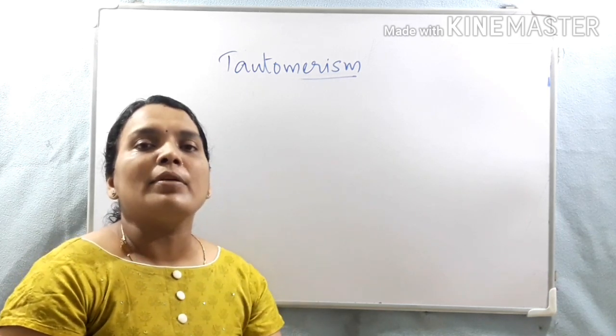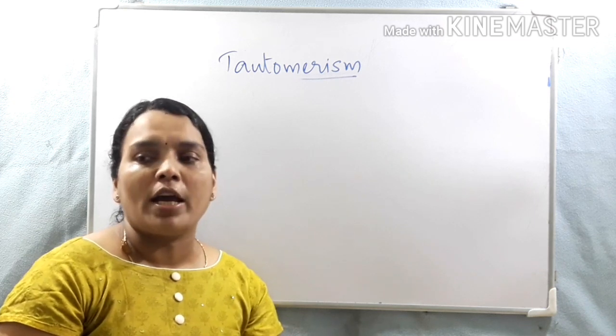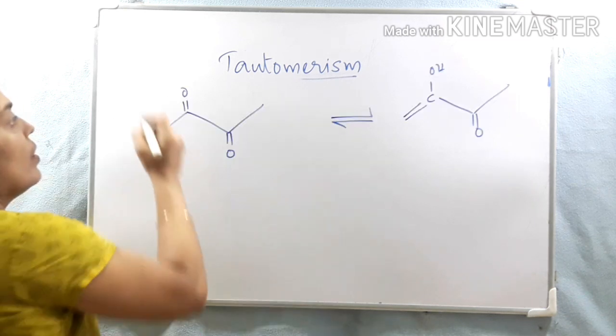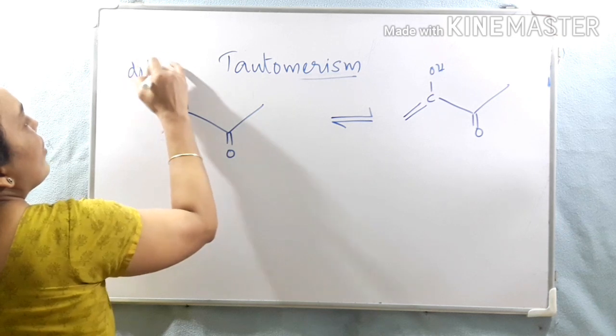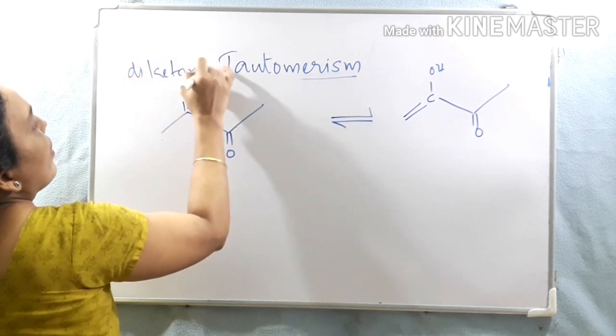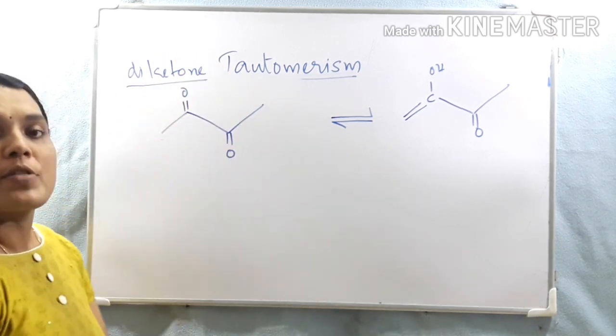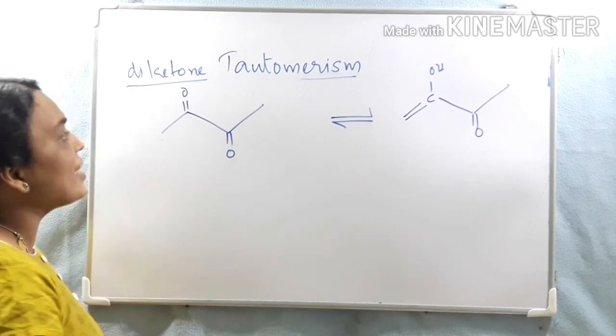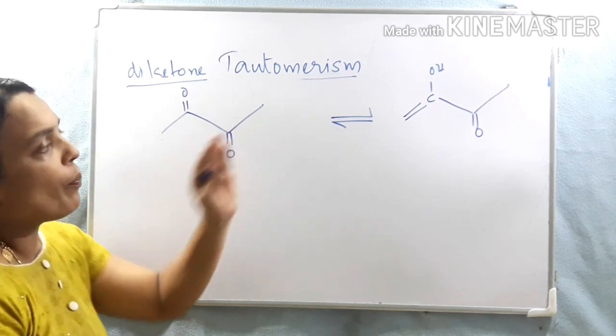Now let us see some diketones, dicarbonyl compounds. A diketone where two carbonyl groups are present at adjacent positions, adjacent ketones, an open chain system.